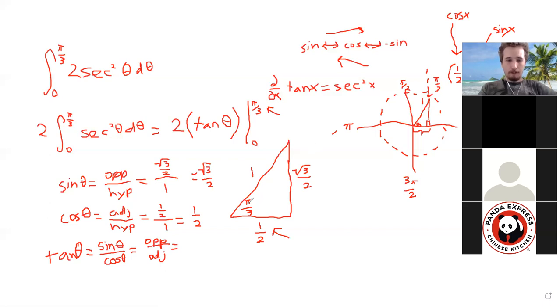And so our opposite over adjacent is the same thing as our sine and cosine, because the opposite, square root of 3 over 2, is also equal to our sine. Our adjacent is 1/2, which is also equal to cosine. So we get square root of 3 over 2, all over 1/2. And so when you simplify that down, the 1/2s cancel and you get square root of 3 is equal to tangent of pi over 3.